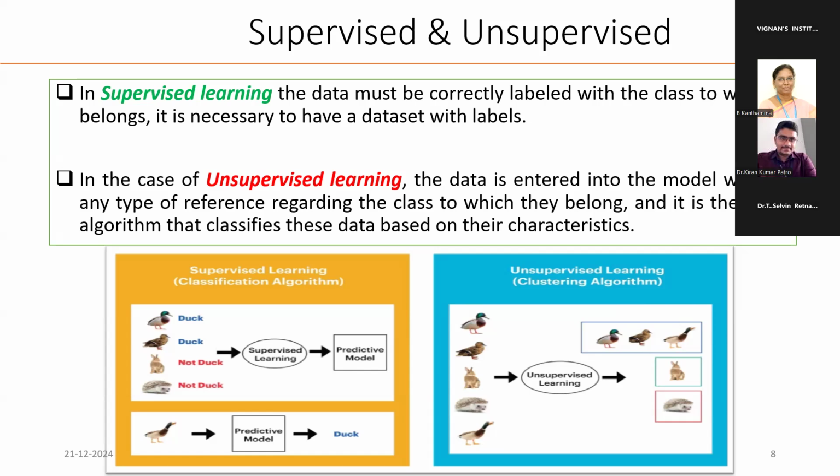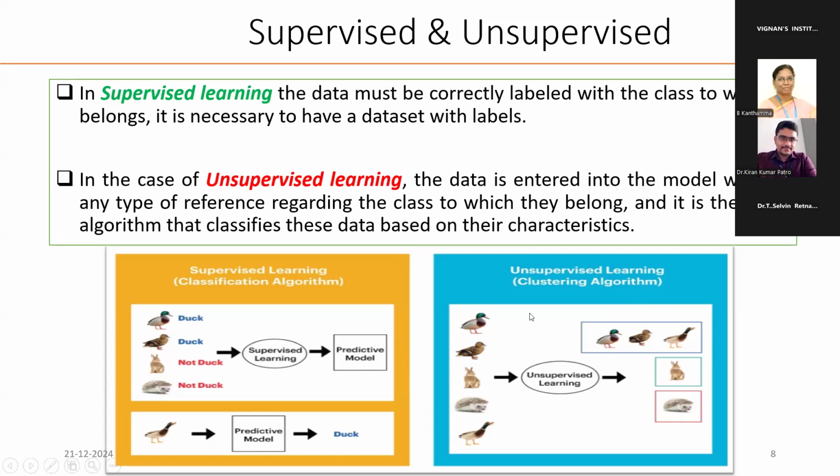If you observe the diagrams, this is for supervised learning. These are the labels. Each and every data item has been given a label. Once you train the model with the data along with the labels, then you can test with new data. Then the predictive model will say about the class. This is called classification. Generally, supervised learning is suitable for classification algorithms.